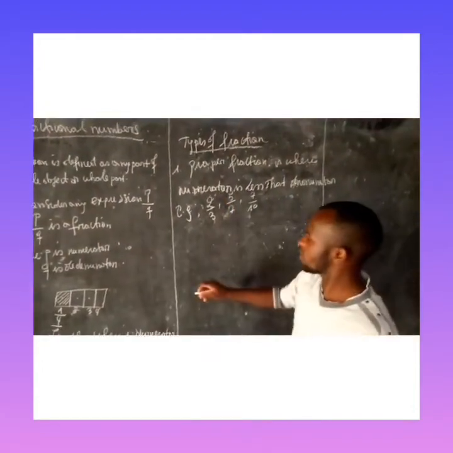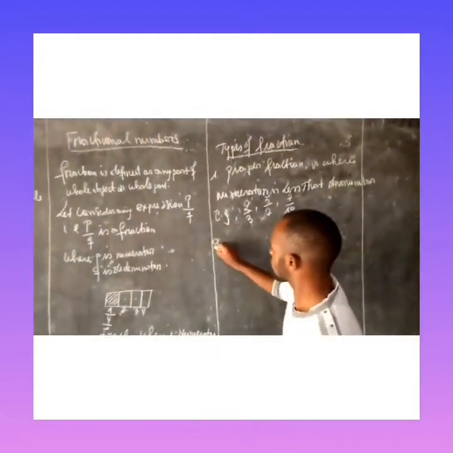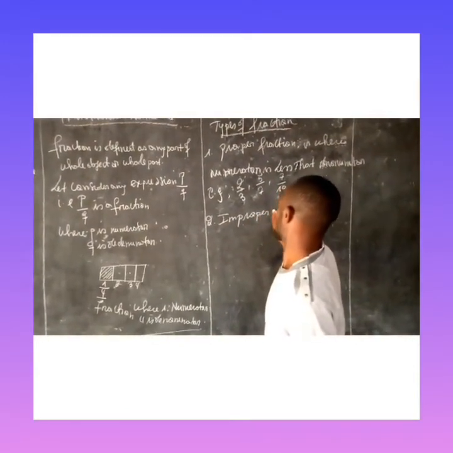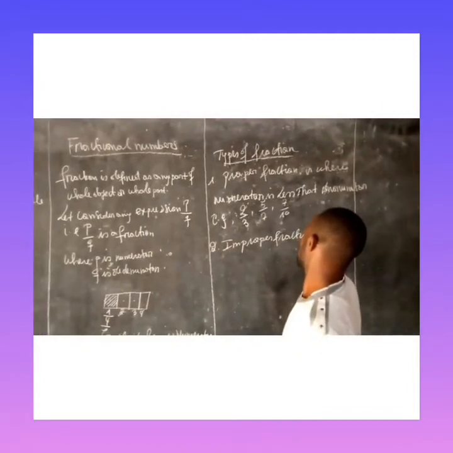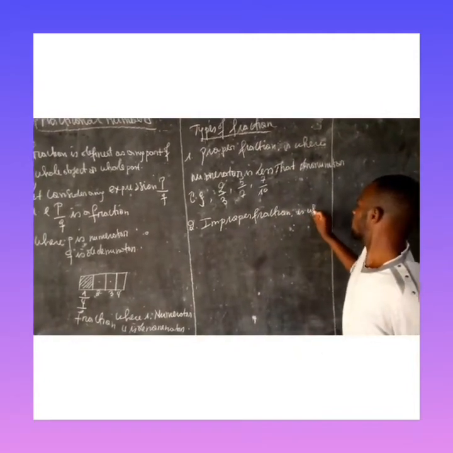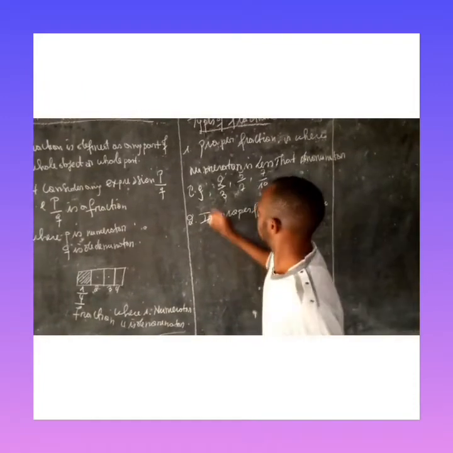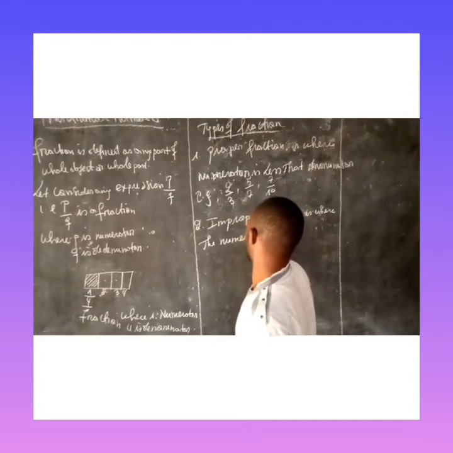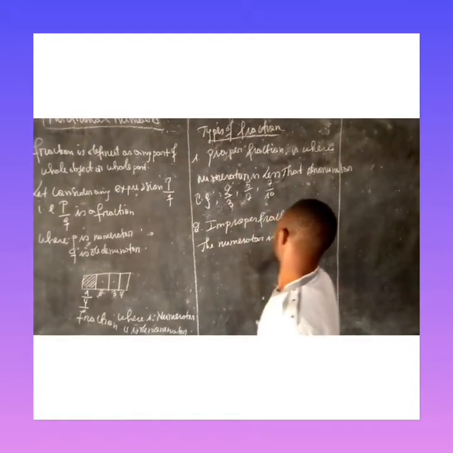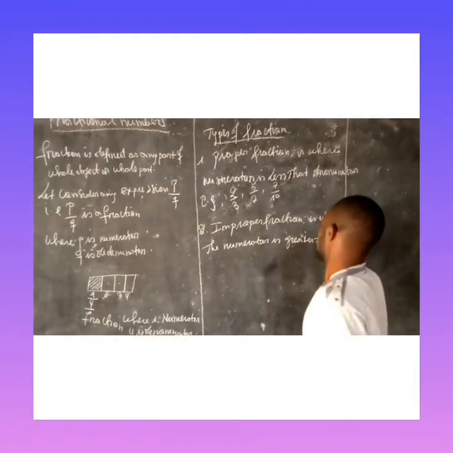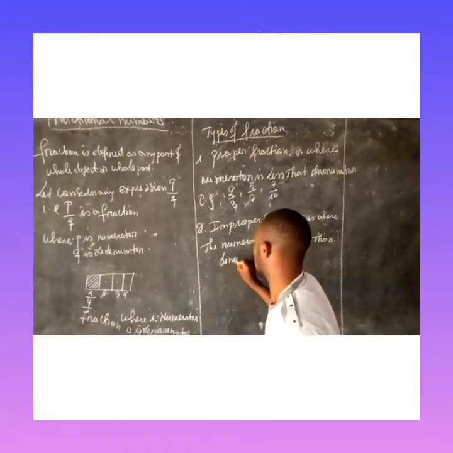Now the second type of fraction is the improper fraction. An improper fraction is where the numerator is greater than the denominator.